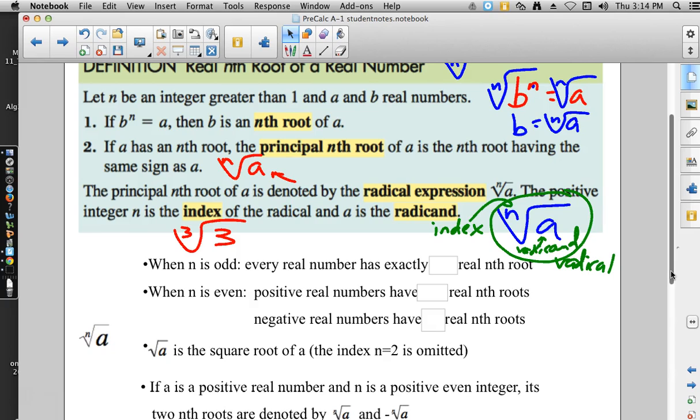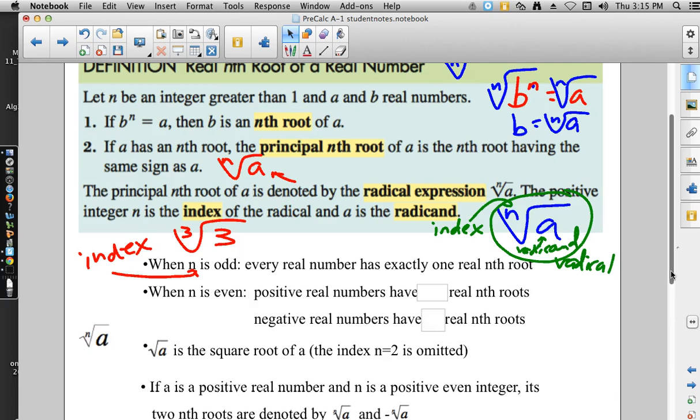When n is odd, so when the index is odd, every real number has exactly one real nth root. And that's because that index has to work backwards from powers.